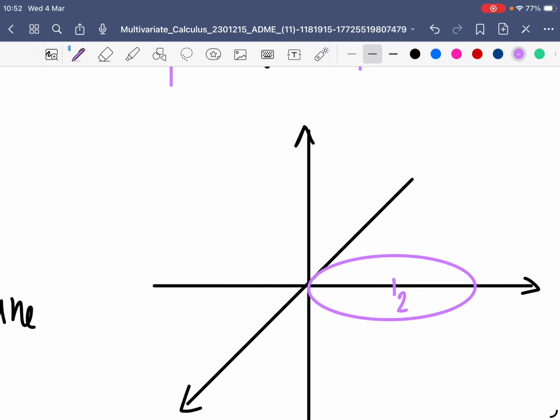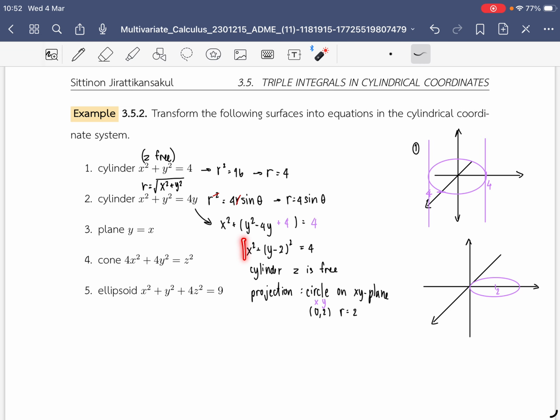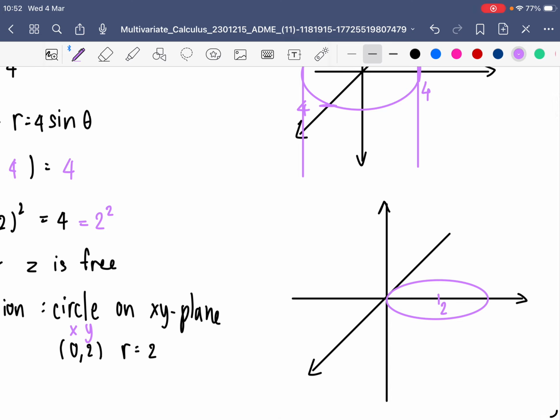It corresponds to how you visualize this equation in 2D. Okay? This equation in 2D is a circle, right? Of center (0, 2), radius 2. It's 2 squared, so r is 2. So your circle is going to touch the z-axis, but then z is free, so it goes up and down.